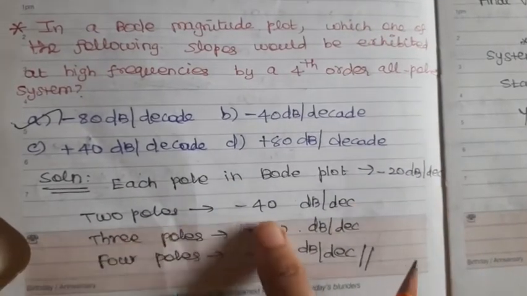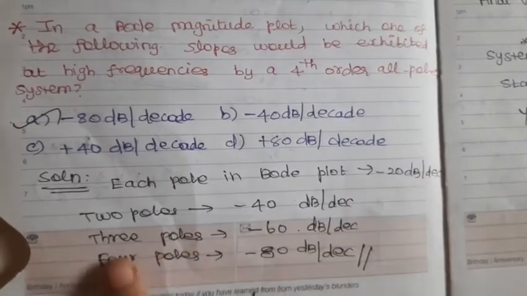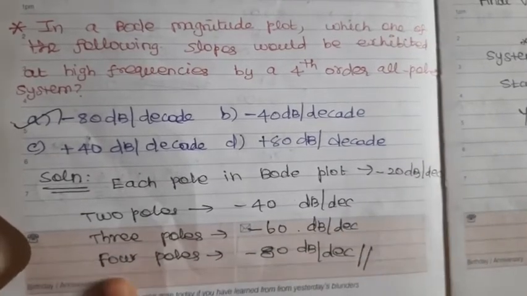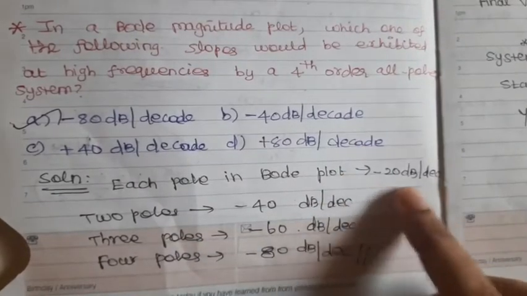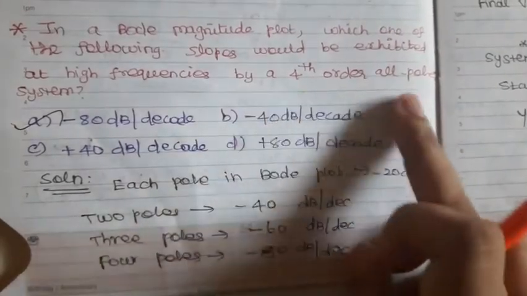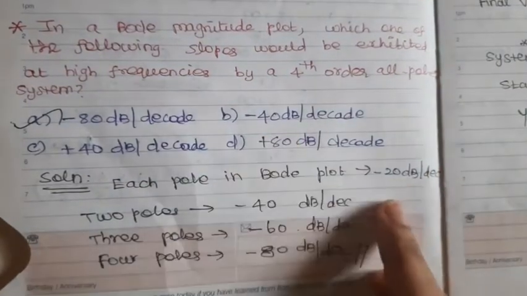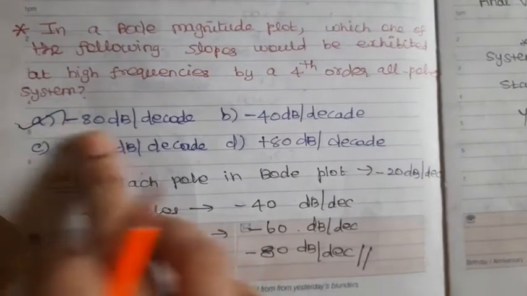If it is 2 poles, minus 40, multiply by 2. 3 poles, minus 60. 4 poles, minus 80. Very simple. For single pole, minus 20 dB. Fourth order means 4 into 20, minus 80 dB per decade.